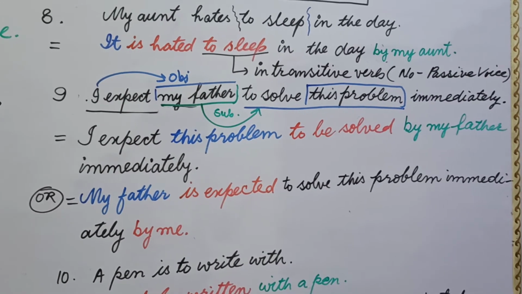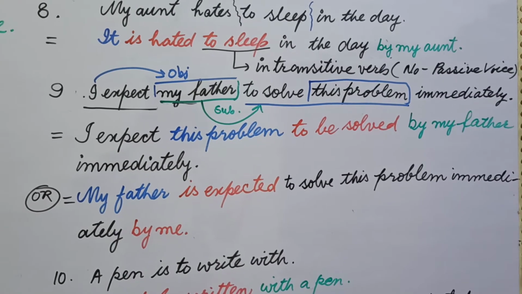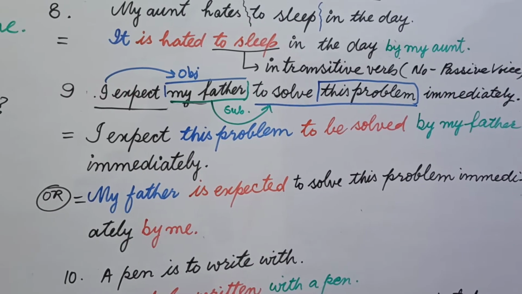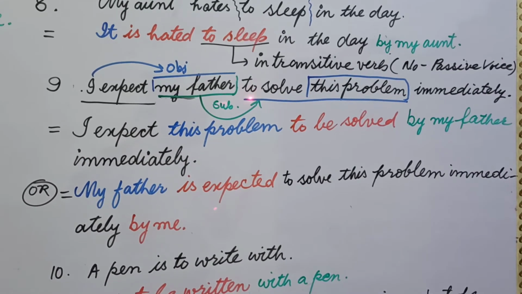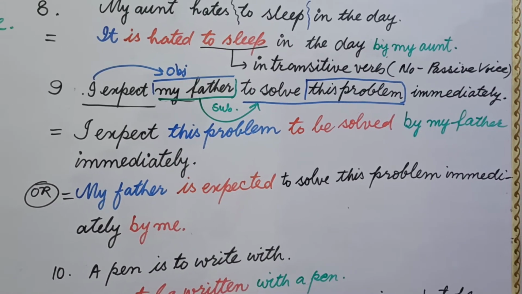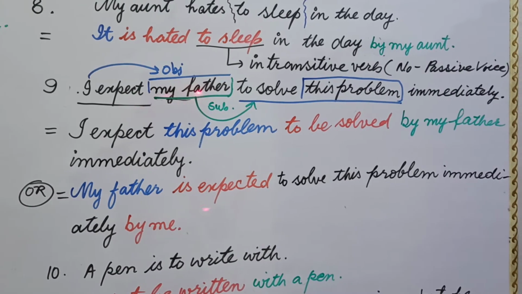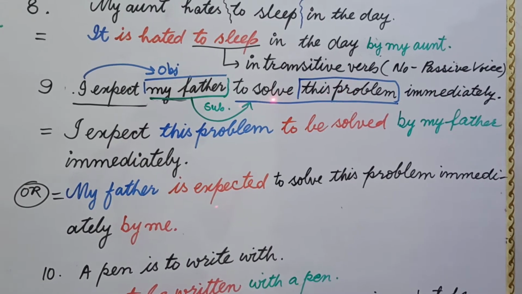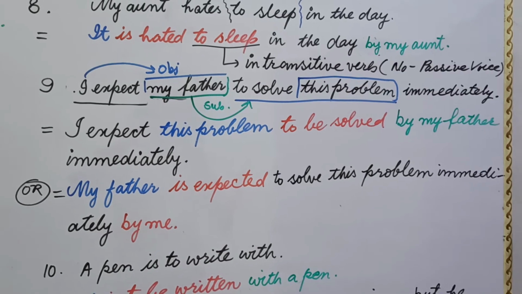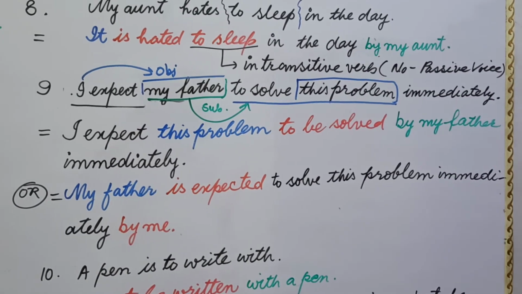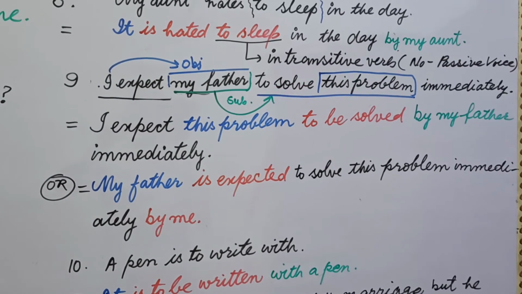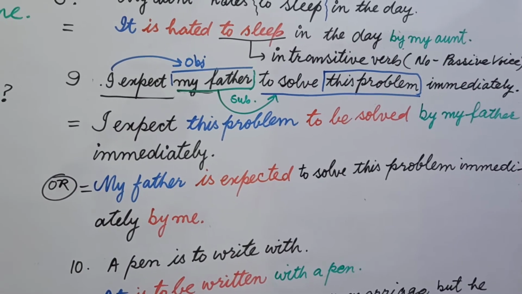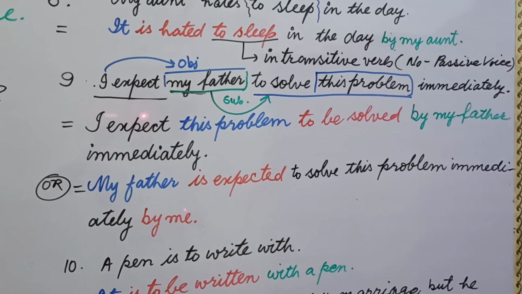Suppose I am going to make a passive voice based on "expect", then I will use my father as an object. But if I transform "to solve" into passive voice, then my father will act as a subject, and this problem will be the object of this infinitive "to solve". Okay, let's begin to transform this sentence into passive voice based on the infinitive first, and then we will do it based on the verb.